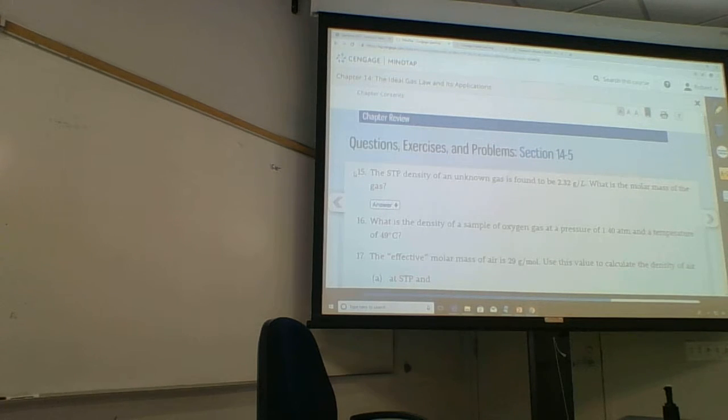But we know that the volume of a gas is equal to nRT over P. And therefore, we can substitute that in here for V, and then invert and multiply. So we're going to get the mass times pressure divided by nRT.